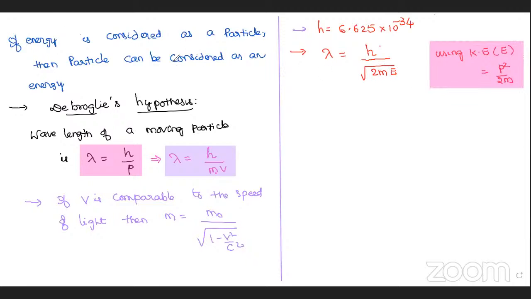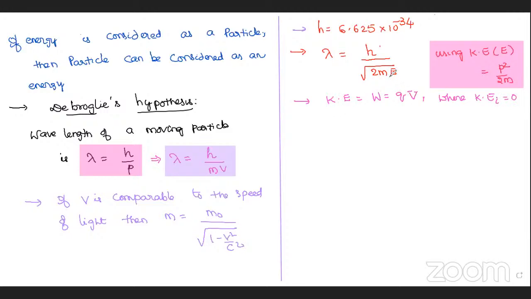Suppose the particle acquires kinetic energy by doing some work against the potential difference, or by accelerating potential difference. Can I write it as Q into V? W is equal to VQ. Initial KE is equal to 0, started from rest.